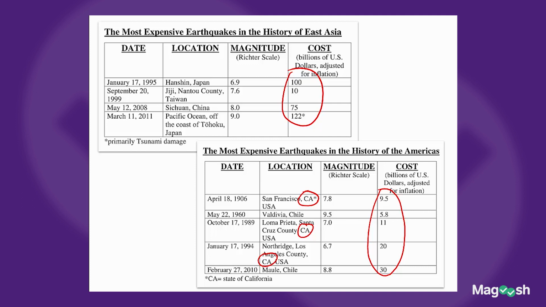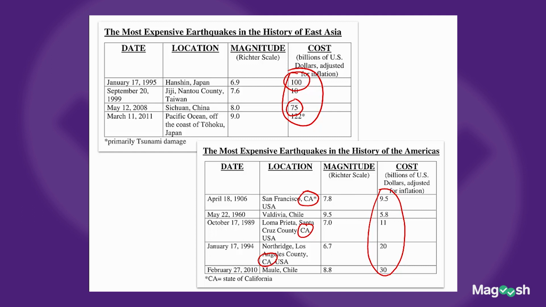The one that occurred in 1995 in Japan was $100 billion, and the one that occurred in 2008 in China was $75 billion, far and away more expensive than the earthquakes in the Americas. That is absolutely a contrast we would want to pull out and report about in our response. When we look at our sample response in a minute, we'll see how we can report about that.